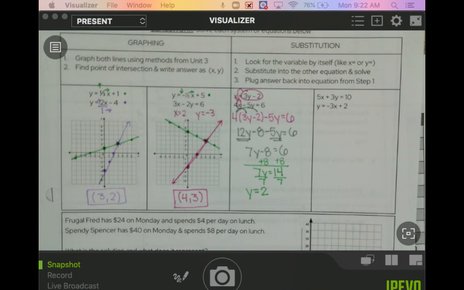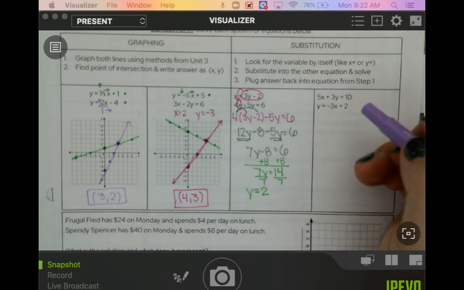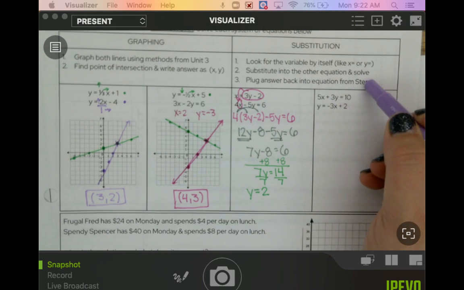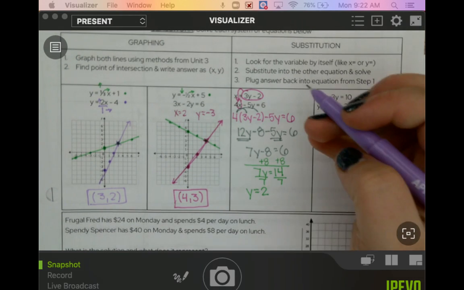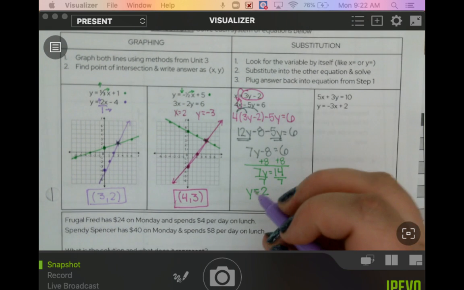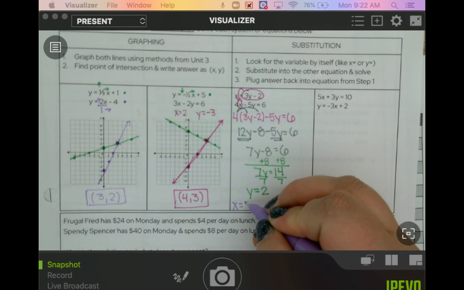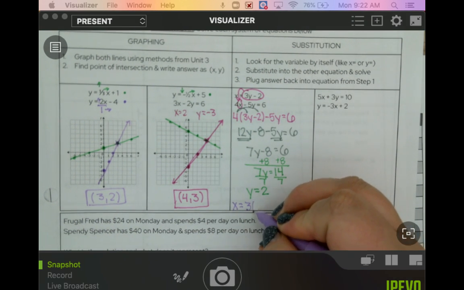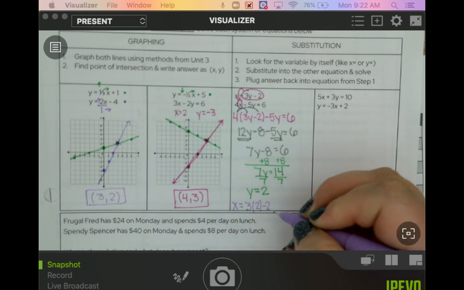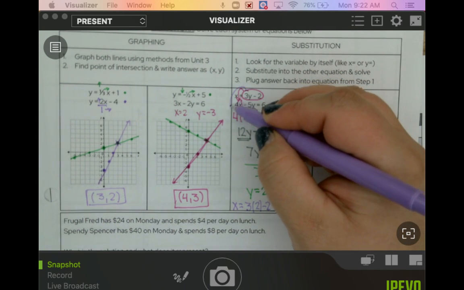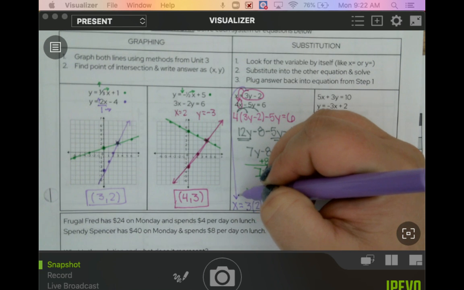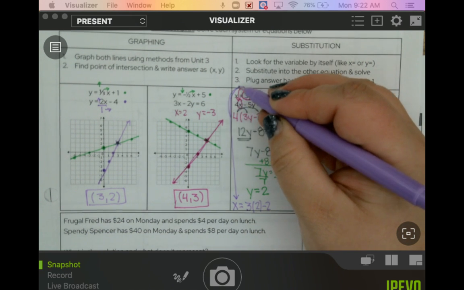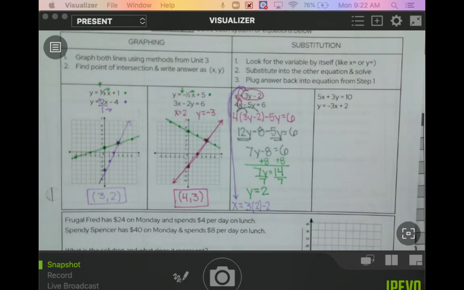You'll notice we haven't found out what x equals yet. This is the easy part, but you have to remember what to do for it. It says plug the answer back into the equation from step 1. So the one that I circled up here, x equals 3y minus 2, and instead of y, I'm going to put 2. So I'm using that thing that I circled up there again.